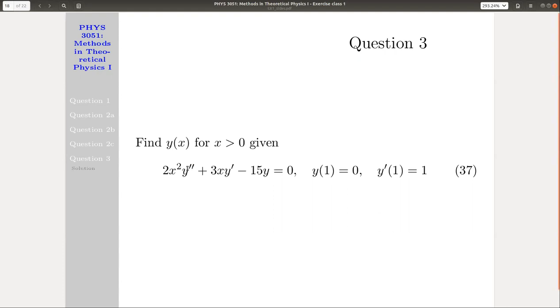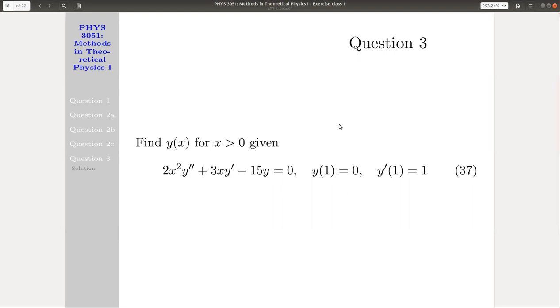So this one is the second order derivative, and this one is x squared, and this one is the first derivative of y, and this one is the first order power of x, and this one is zero order, and also you have x to the power 0 here. If the differential equation has this characteristic, then it's a so-called Euler differential equation.